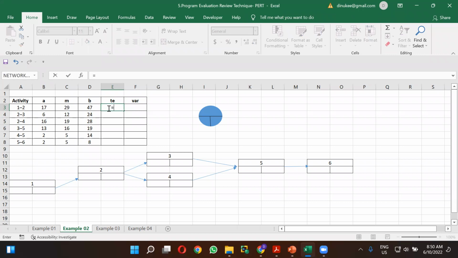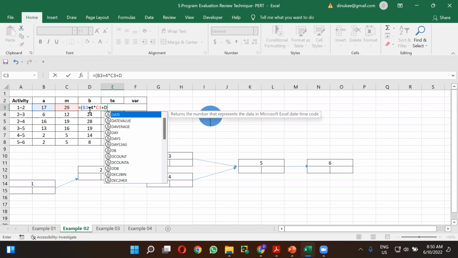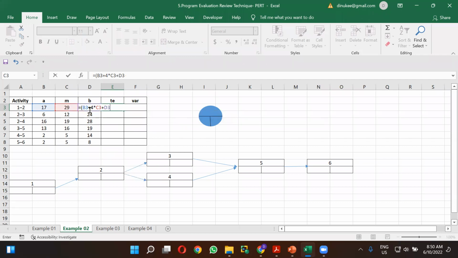So you have to take the optimistic time, add 4 times the most likely time, and add the pessimistic time, and divide the whole thing by 6, right? So the expected time to complete the 1 to 2 activity is 30.